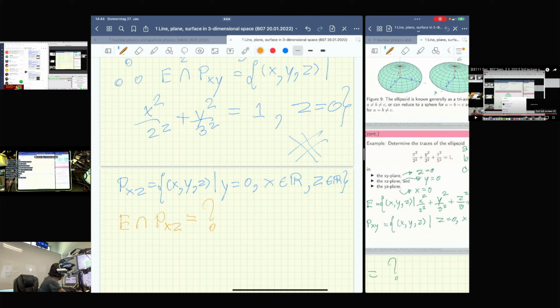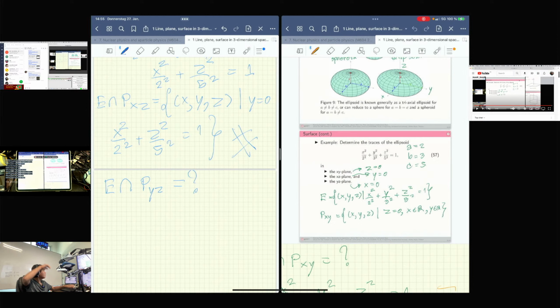What is the third problem? What is the result of the ellipsoid intersecting the yz plane? ผมไปช้าๆ นะ ให้คุณเข้าใจไปเรื่อยๆ ถ้าเร็วแล้วก็จะกลายเป็นการอ่าน โอเค what is the result then?